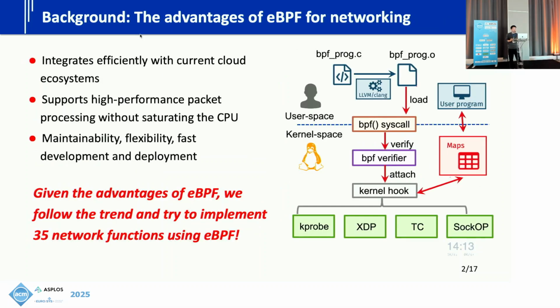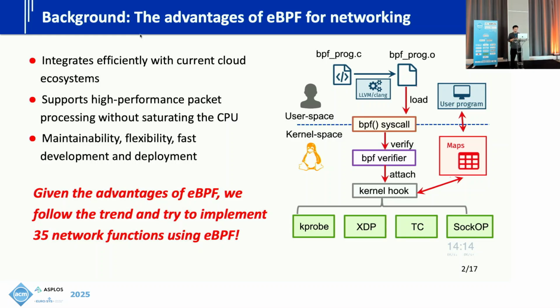Such a trend can be attributed to the advantages of eBPF. As an emerging kernel extension technology, eBPF allows us to safely run custom code within the kernel and does not require any kernel modifications. The eBPF-based network functions are typically attached to the XDP hook or the TC hook in the form of eBPF programs. The advantages of eBPF-based networking include, first, eBPF can integrate well with the existing cloud ecosystem, enhancing intra-host kernel communication.